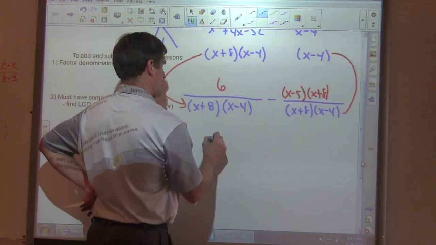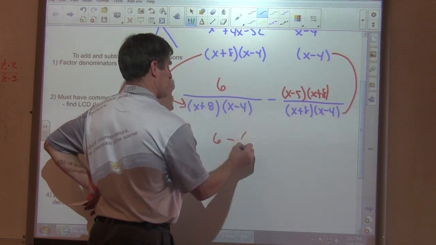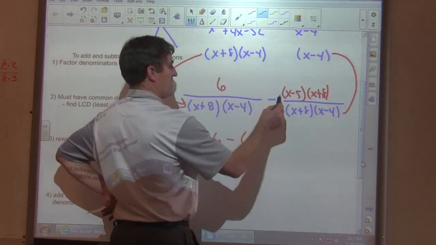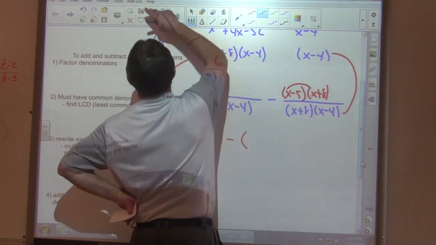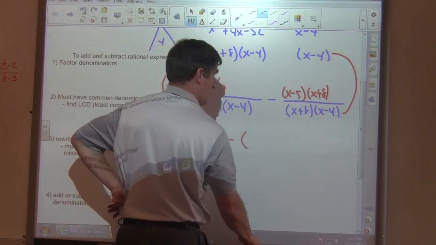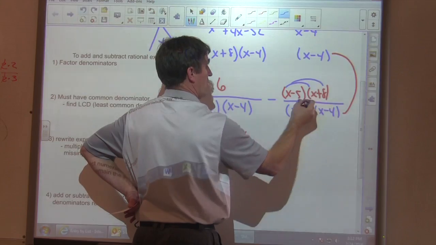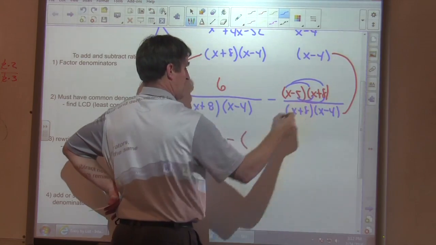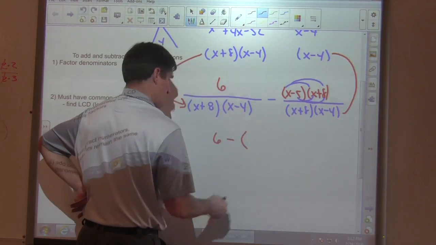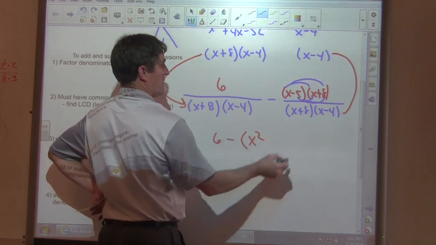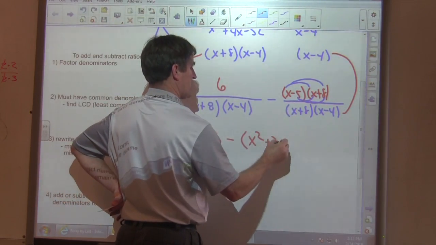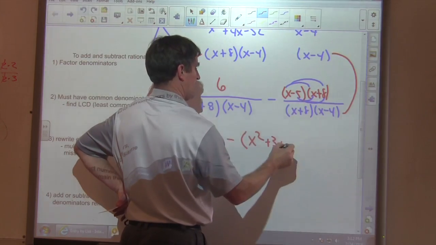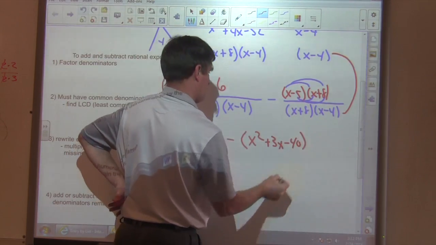So the 6 isn't going to change. Minus, I'm going to put that in parentheses because I haven't moved the negative sign yet. So I'm going to FOIL this. x squared, 8x and negative 5x is 3x. And negative 5 times 8 is negative 40.